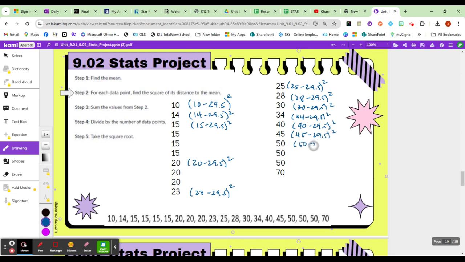50 minus your mean, square that. No reason to do it for the other two 50s. And then 70 minus your mean, and square that.